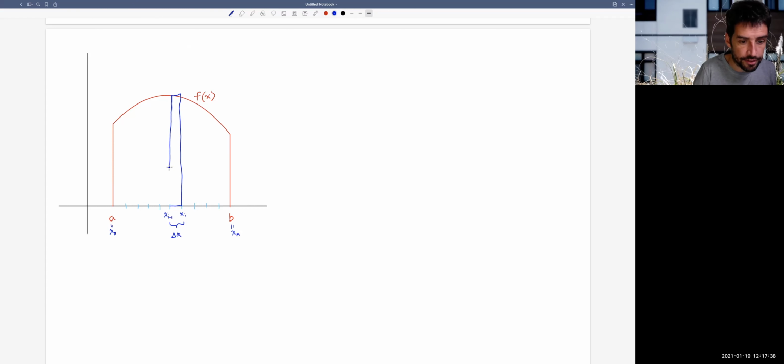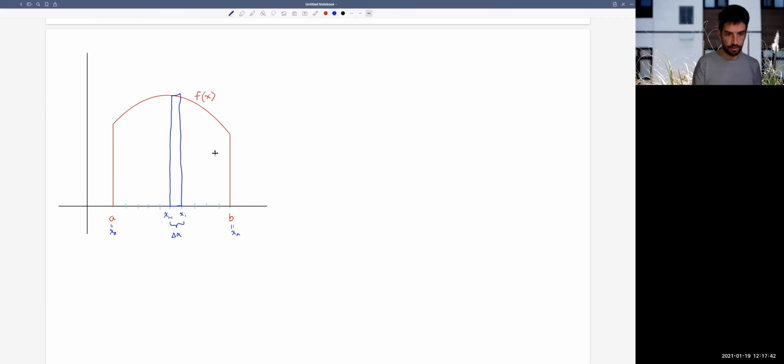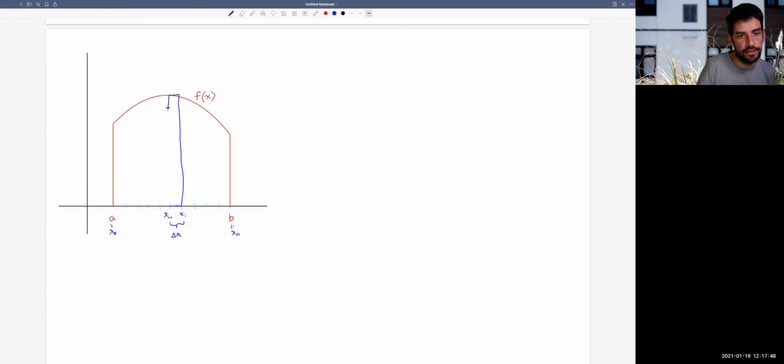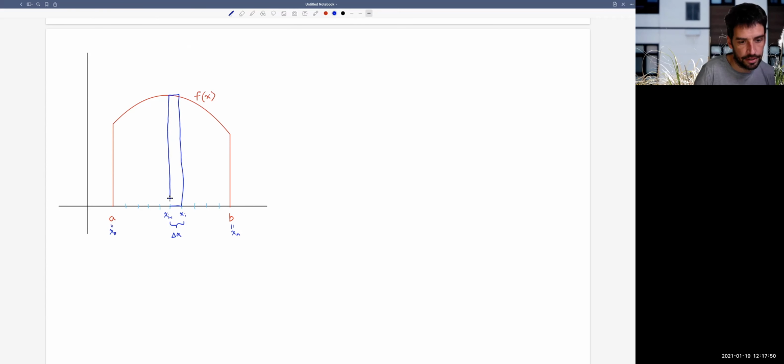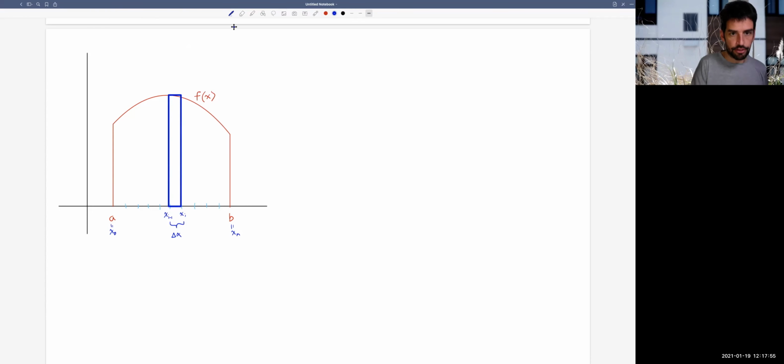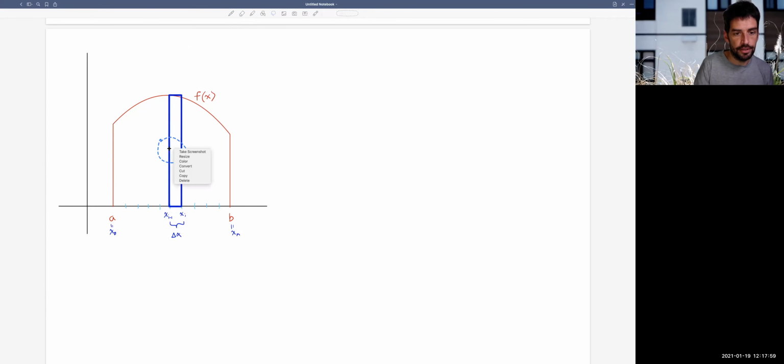I'll have to adjust this. This is not looking great. Oops. Let's try that again. So we're going to use the midpoint of the rectangle to determine the height. Okay, so let me make a quick adjustment.